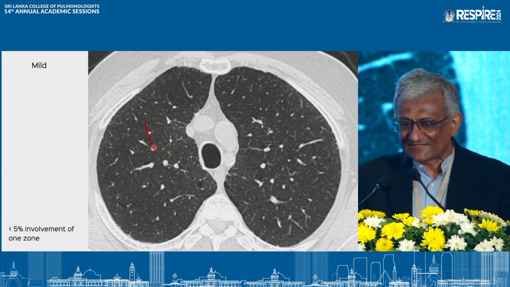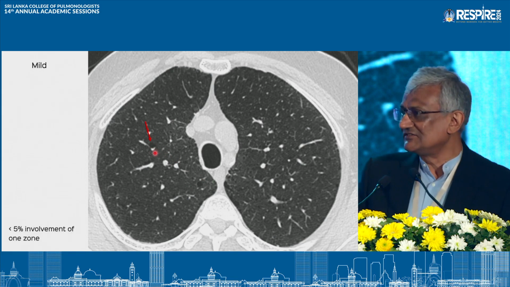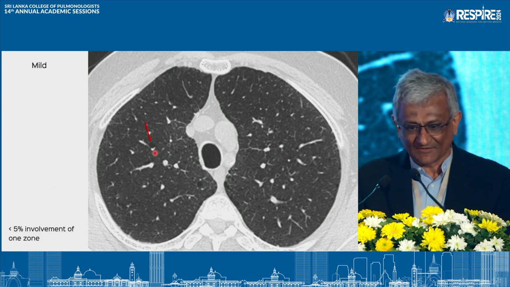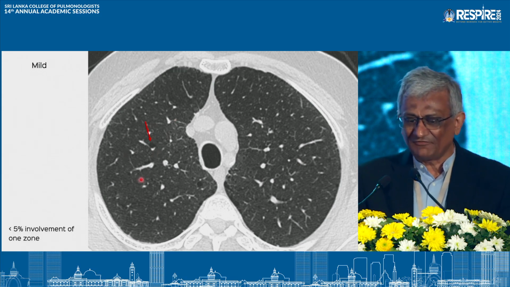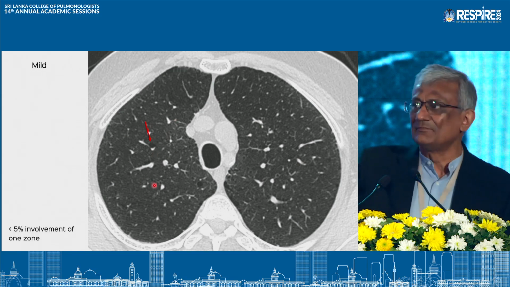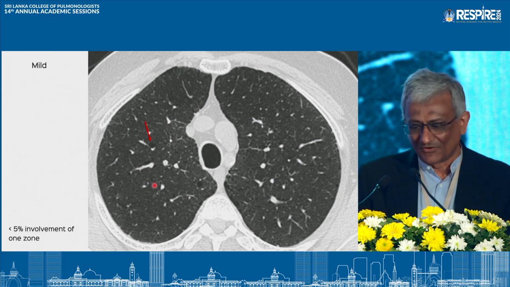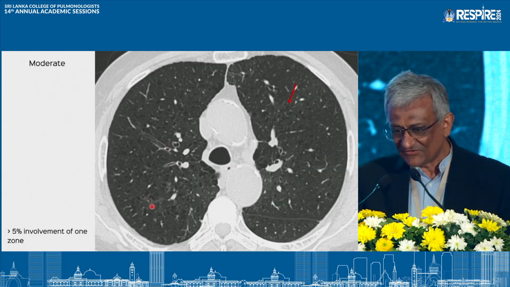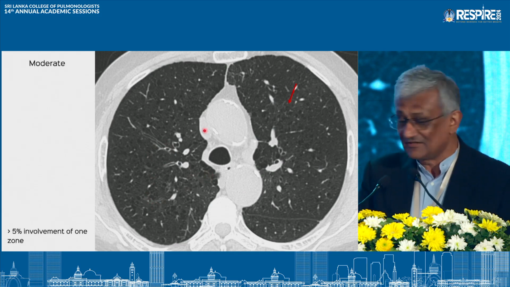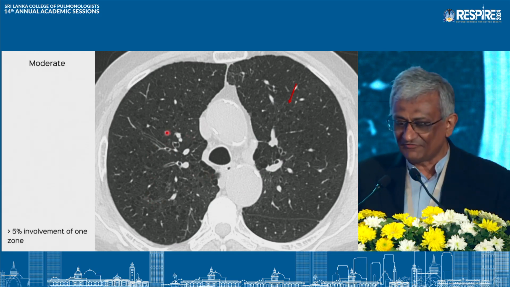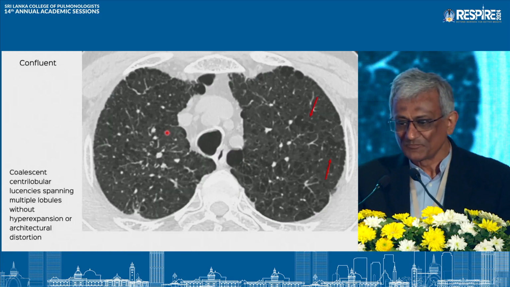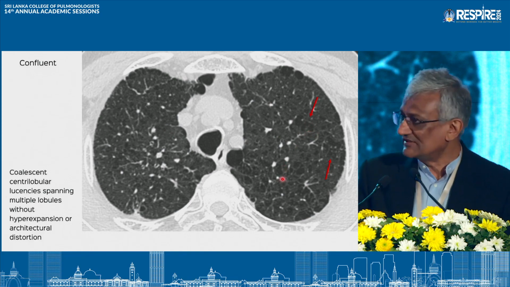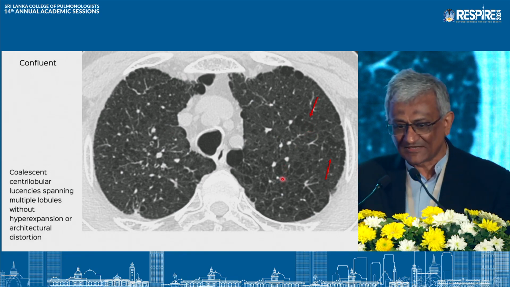So when we see a centrilobular lucency adjacent to a vessel, that's centrilobular emphysema, and if less than 5% of that segment in that section is involved, then we say it's mild. If you can see so many centrilobular lucencies here, then it's greater than 5%, we would say moderate. When these lucencies start becoming confluent, as we see here, then it's confluent emphysema.